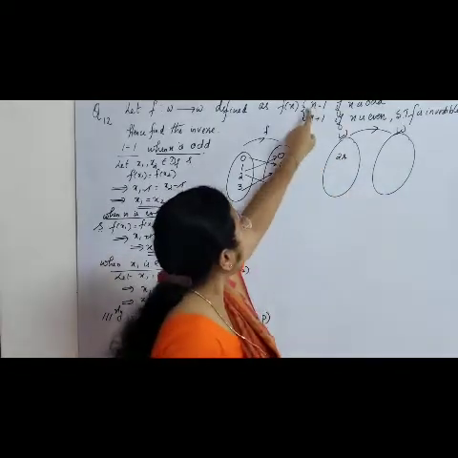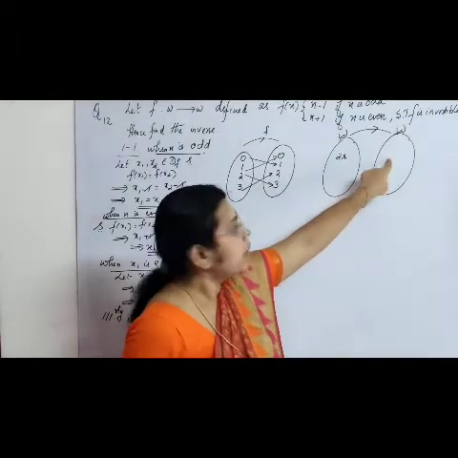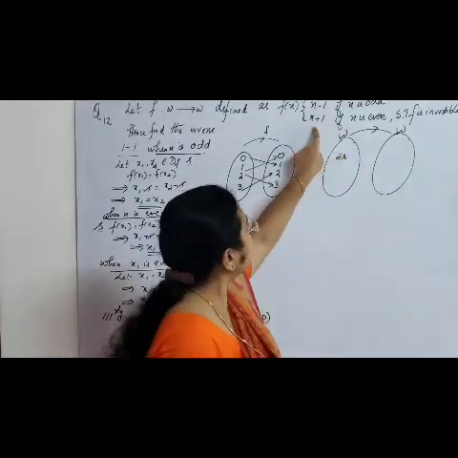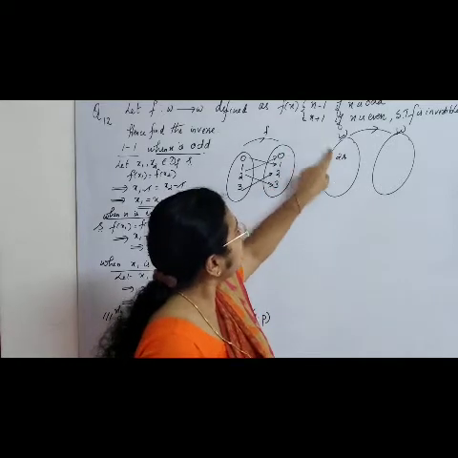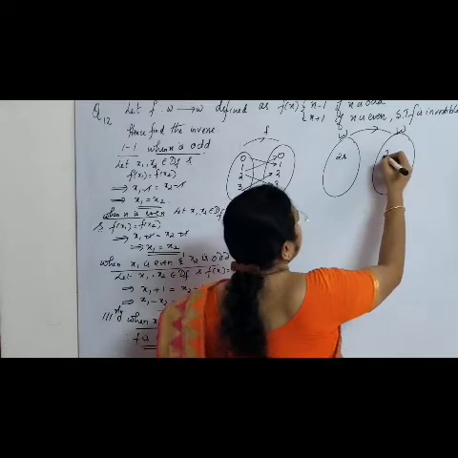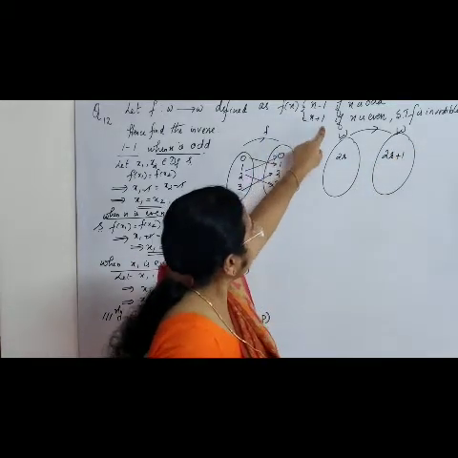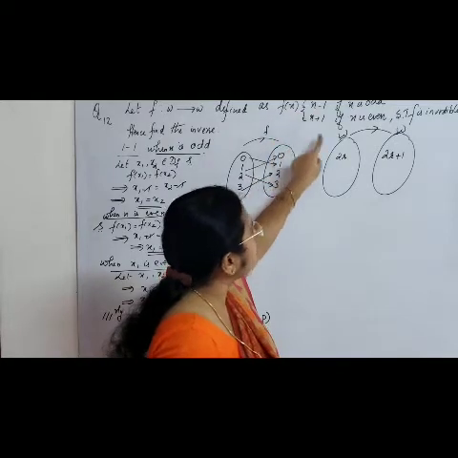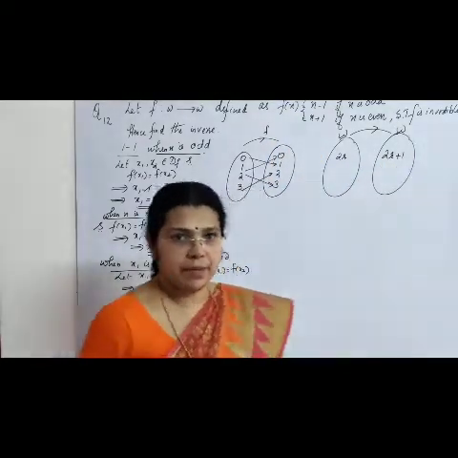When n is an even number, it is mapped to n plus 1. Here the value of n is 2r, so you will get 2r plus 1. Isn't it? n is mapped to n plus 1 when n is even. 2r is mapped to 2r plus 1 when 2r is even.